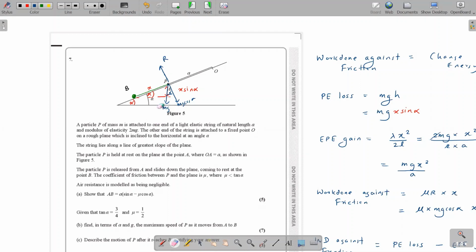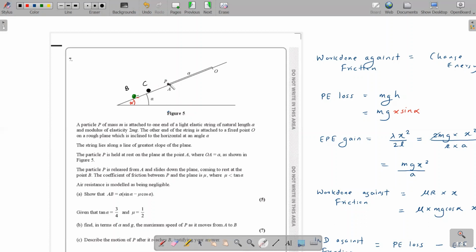Okay, so let me erase a few of these things here. So what we do here is, let's say we will take a random point, an arbitrary point. So let's say this is the point C in between A, B. So at point C, this is the place where you achieve the maximum velocity.